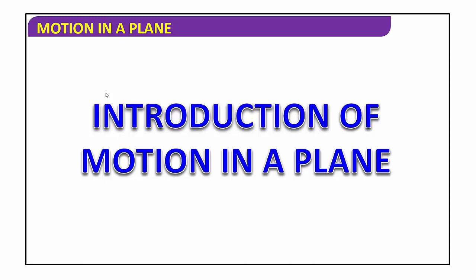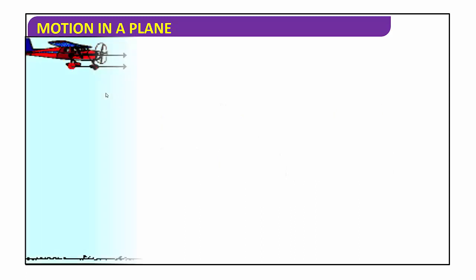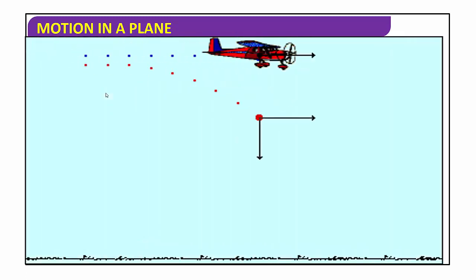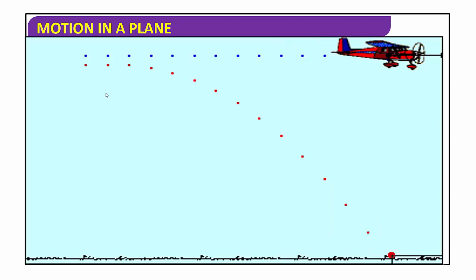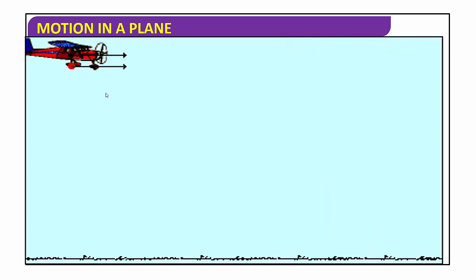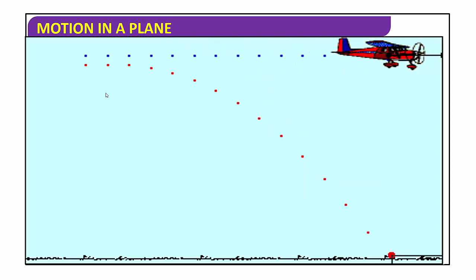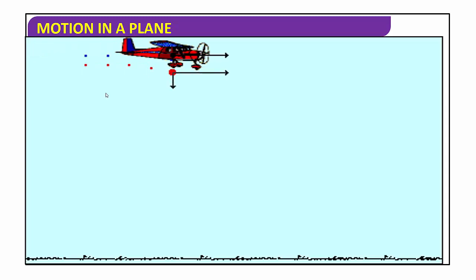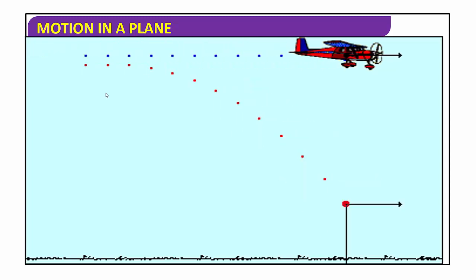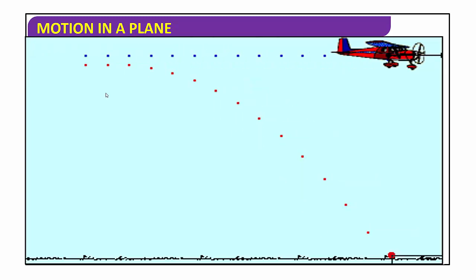To understand projectile motion, we first have to study the introduction part of motion in a plane. Observe here, this is motion in a plane. As I explained in the first class, motion in a plane has two dimensions, the x-axis and y-axis, the xy plane, and we can also consider the yz or zx plane.